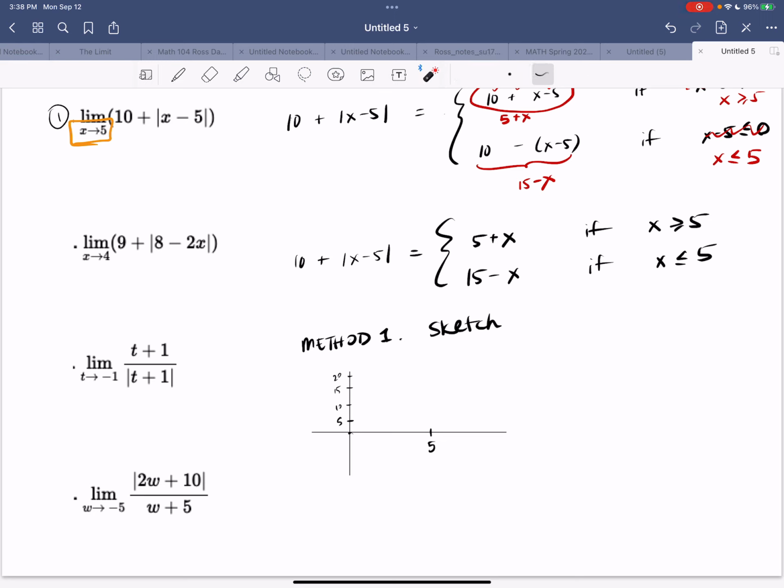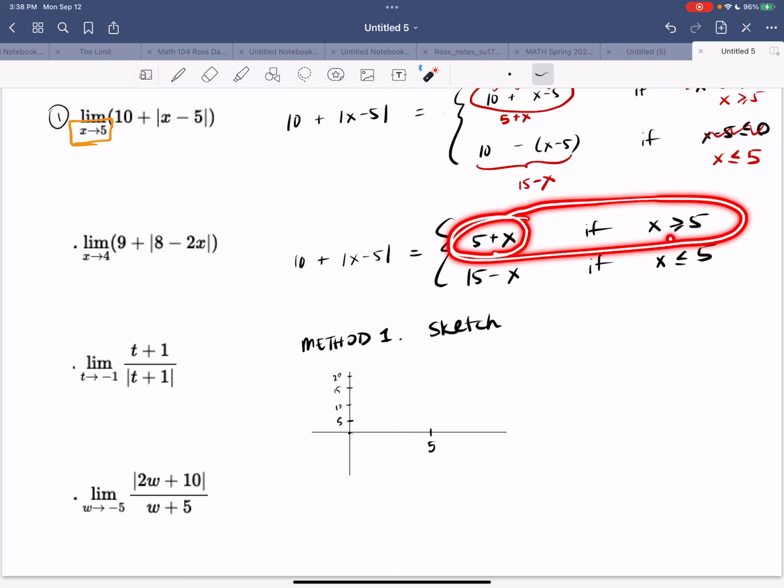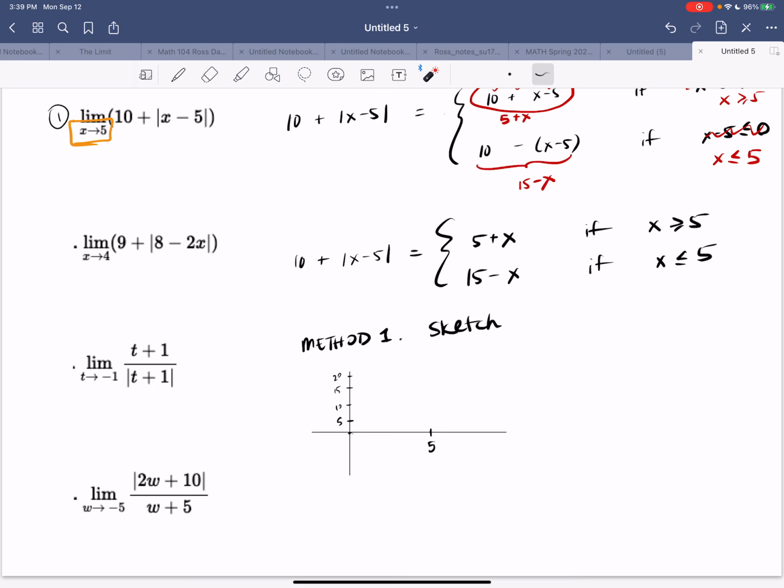So now, from my formula, I'm supposed to use 5 plus x if x is bigger than or equal to 5. So if I draw 5 plus x for values where x is bigger than or equal to 5, I'm looking at a line with slope 1, right, and intercept at 5.